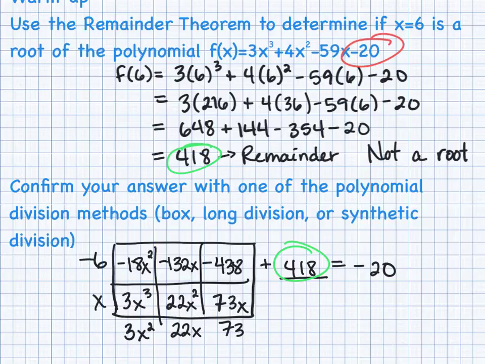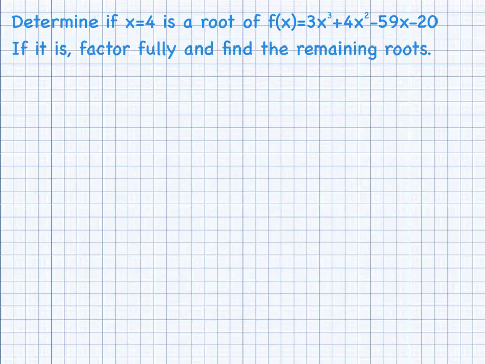What I'm going to do now is show you the same polynomial checked with different roots with all four methods. So the remainder theorem will be first, and it's important to remember with the remainder theorem that you use the root and not the factor.